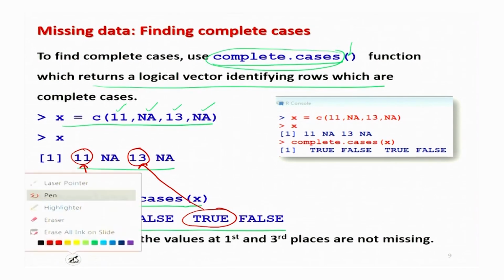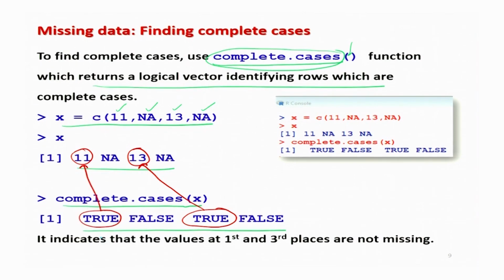Now, similarly, if you look at the values which are FALSE, for example, this here is FALSE, this is at the second place in the outcome. So, this corresponds to the second value in the data vector x, and since the outcome here is FALSE, that is indicating that the value is missing and the case is incomplete. So, complete case is FALSE, that means the data is missing, and similar is the story at the FALSE which is occurring at the fourth position in the outcome.